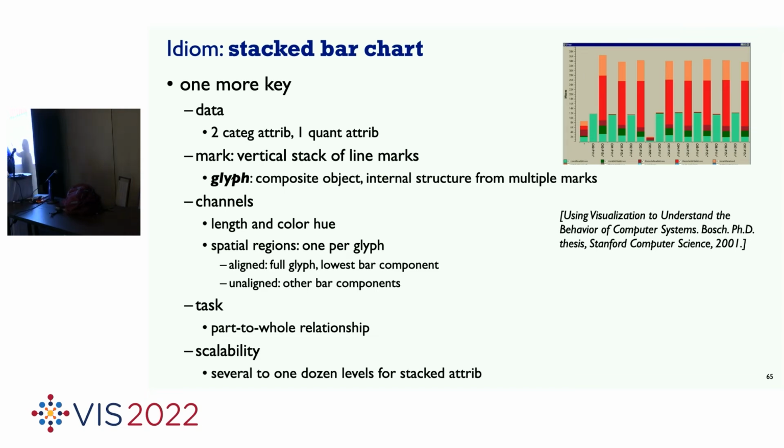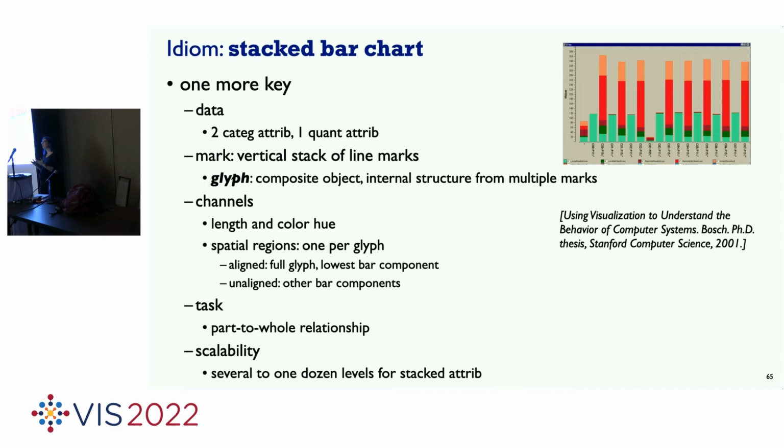So for the categorical attribute that's being stacked, you can have several levels, maybe up to about a dozen max. But there's a real asymmetry. Even though you might have many dozens, maybe even hundreds of bars and hundreds of different vertical positions in terms of height, you could not do that for the stacked attribute.